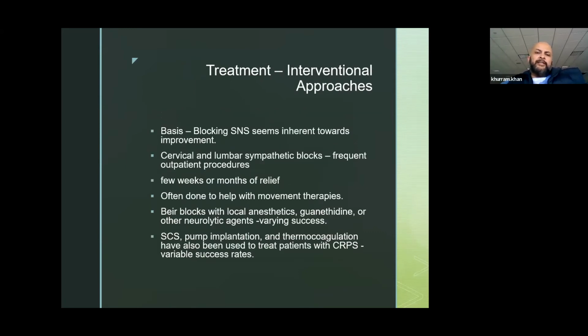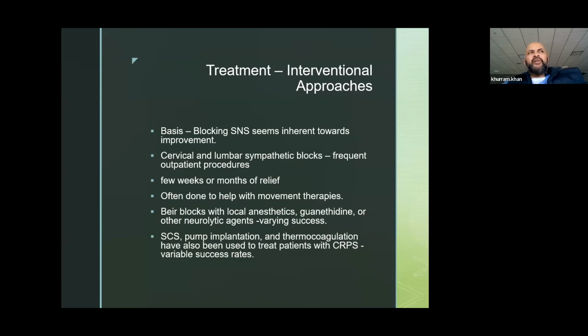Interventional approaches, we do the cervical and lumbar sympathetic plexus blocks, stellate ganglion blocks, sphenopalatine ganglion blocks, erector spinae, paravertebral blocks. So a lot of nerve blocks and fascial blocks. We used to do these blocks when I was in training, but outside of training, we never tried using those.